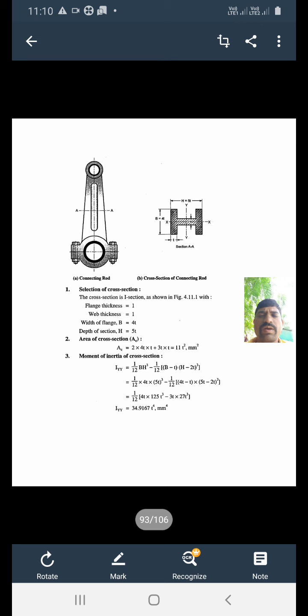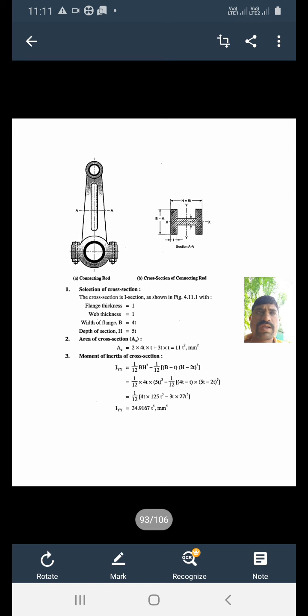So BH cube divided by 12, minus 1 divided by 12 into B minus t, and B minus t is the middle section of the web, into H minus 2t, whole cube. Then if you put in the values, you will get IYY is equal to 34.9167 t raised to 4 mm raised to 4.